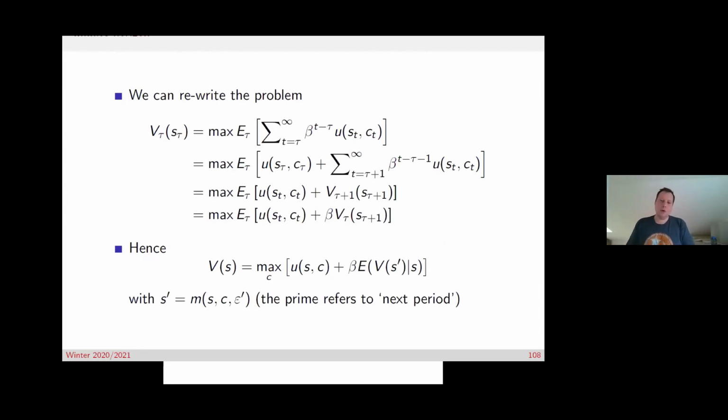But the approach is very similar, and since we want to highlight not only the similarity between the finite and infinite horizon case, but also between the deterministic and the stochastic case, one of the exercises takes up the growth model that we discussed in the deterministic case, where we derive the value function by this iterative process.